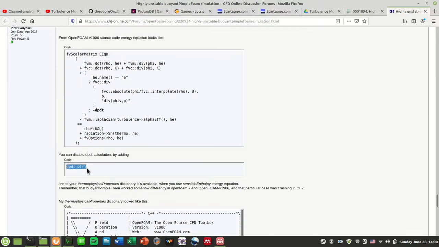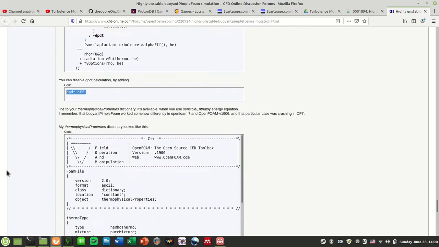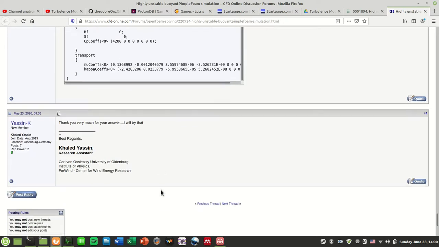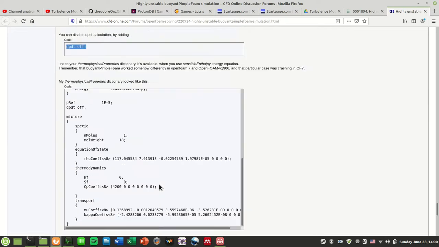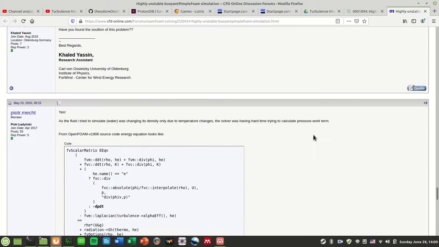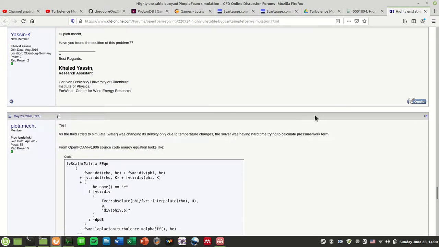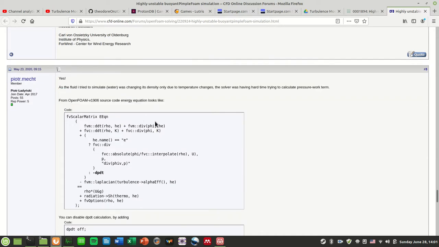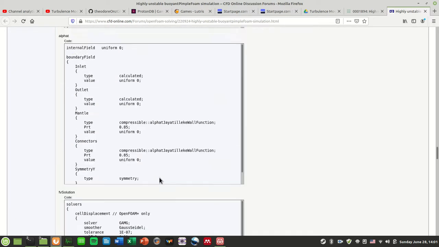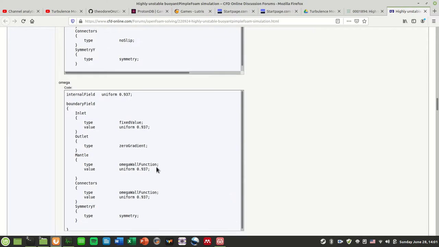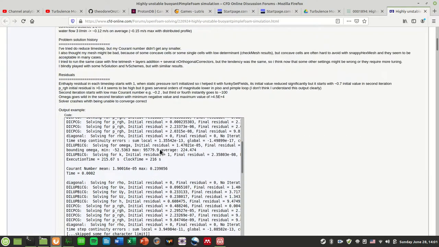You can take this dp/dt term out, and apparently for him it worked. When you have this dp/dt term, OpenFOAM's buoyantPimpleFoam may have some problems resolving it, especially if you have some turbulence involved.